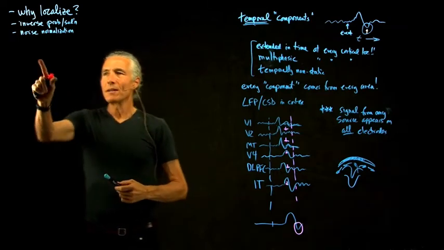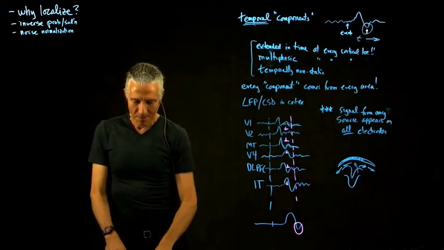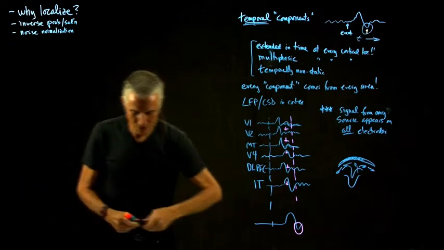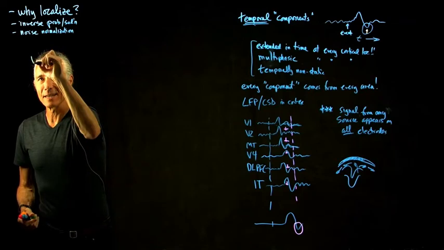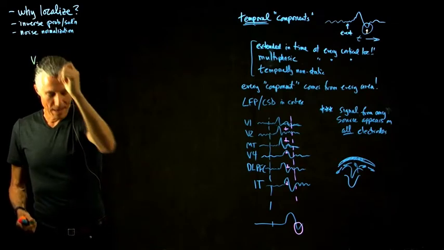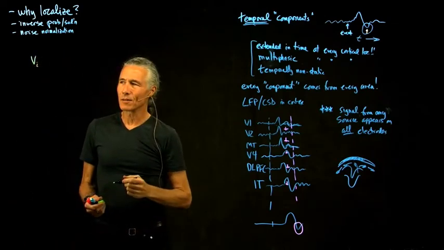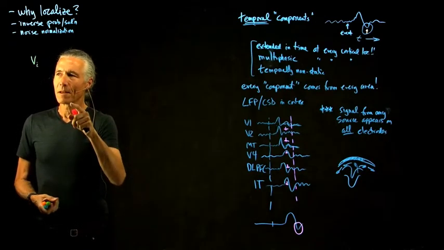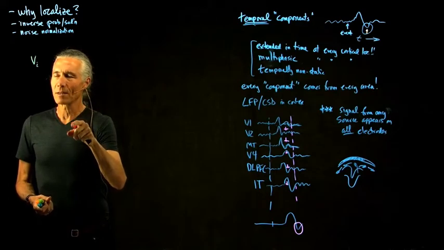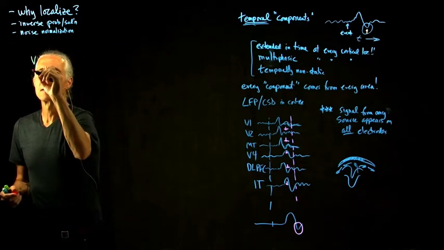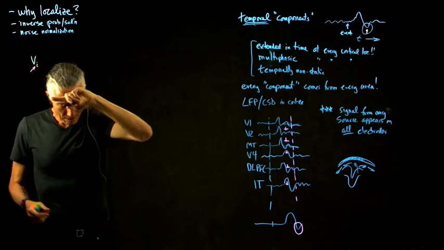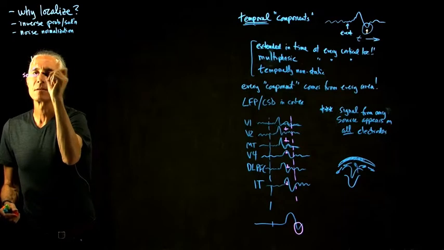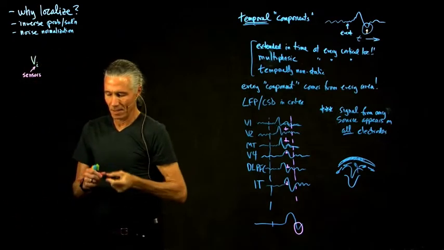So we'll start with the good news, which is that everything is linear. So here's a voltage at a given sensor. We'll use i and j to mean the indices in a matrix, where i are the rows and j are the columns. So the i are the sensors, okay, or electrodes. Could be MEG.